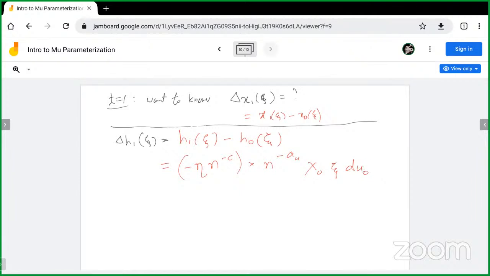And then you can just write it out a bit more. The minus c times theta, theta 0.